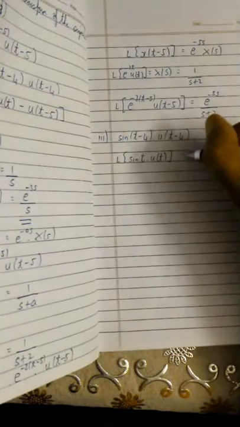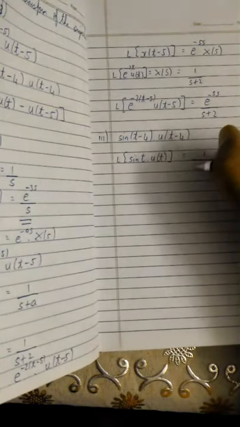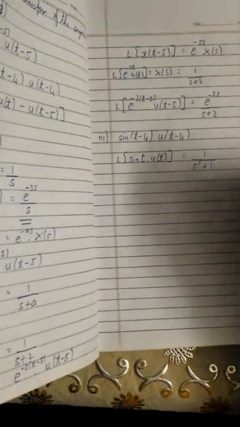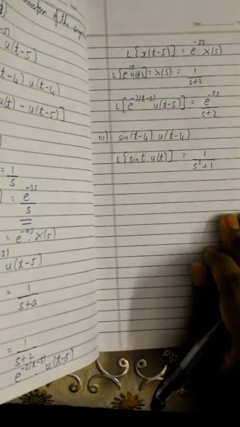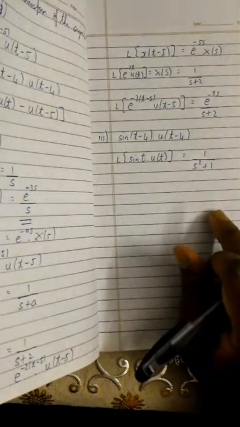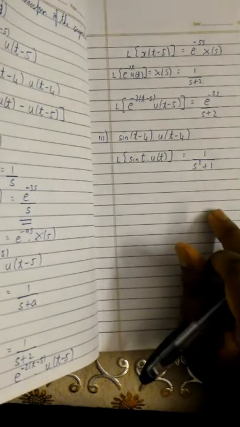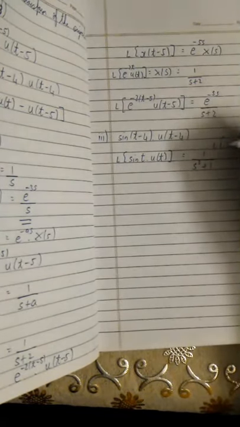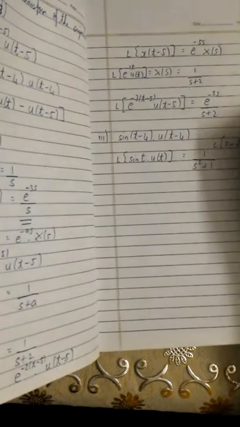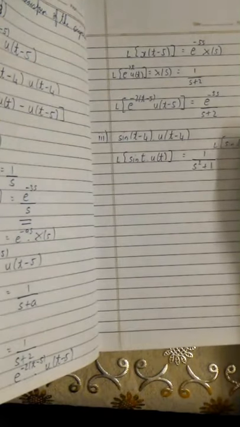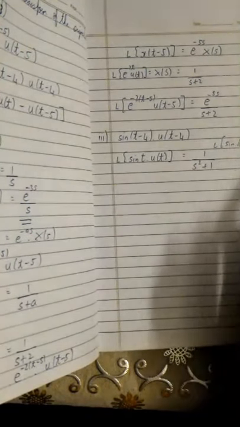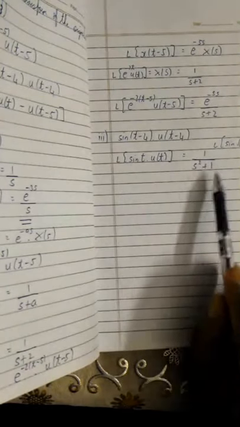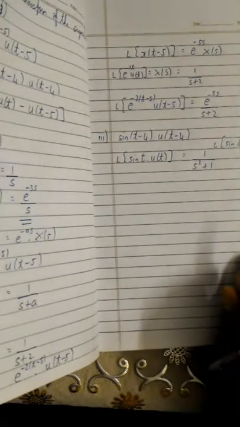This is nothing but 1 by s square plus 1, right? Yes, because ohm 0 is equal to 1. The Laplace transform of sine ohm 0 t, this is the equation you have all studied, is nothing but ohm 0 by s square plus ohm 0 square. So here ohm 0 is equal to 1, so 1 by s square plus 1. Okay.